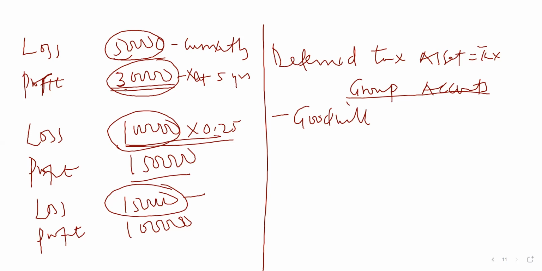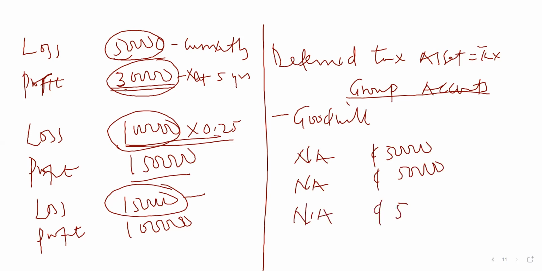Let me come here. Let's assume that the net asset of the company before the acquisition was 50,000. In the books of the tax authority it was also 50,000. Now the company is adding goodwill. Now the net asset is what? 55,000. The goodwill is now 5,000.